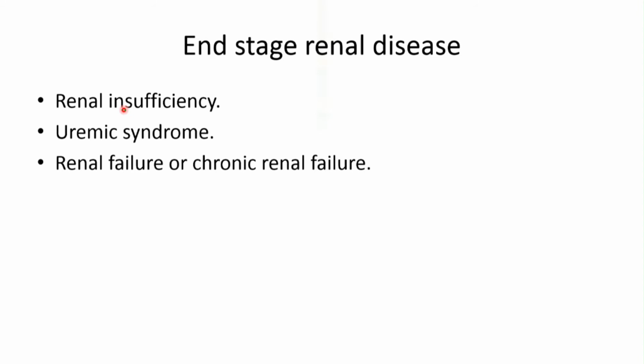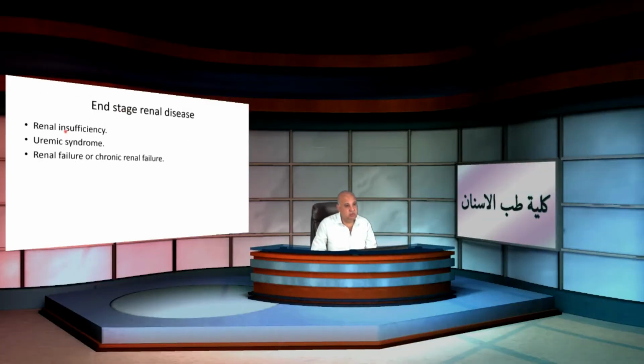But if more than 50%, or more than 75%, of the nephrons are destroyed, it will lead to a condition called uremic syndrome. In uremic syndrome, there is an increase in blood urea nitrogen, a non-protein nitrogen waste product.